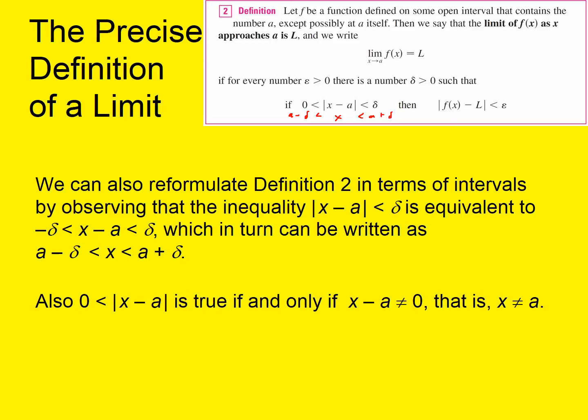Also, 0 less than absolute x minus a is true if and only if x minus a is not equal to 0. That is, x is not equal to a, because absolute value can't be negative. But absolute value can be 0, but it's not going to be 0 if x and a are not the same thing.